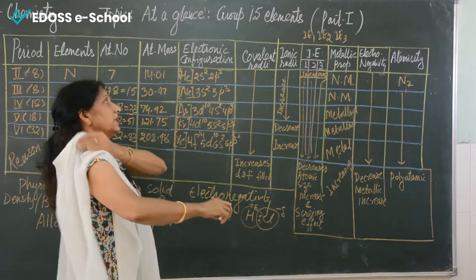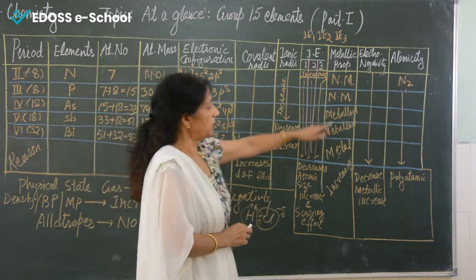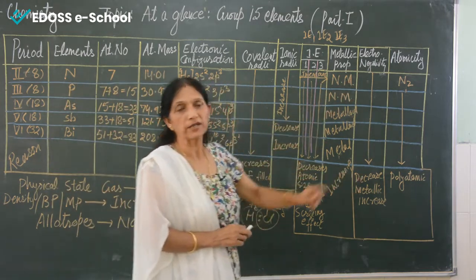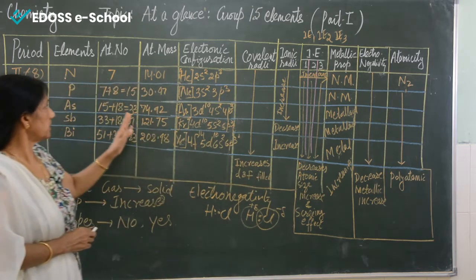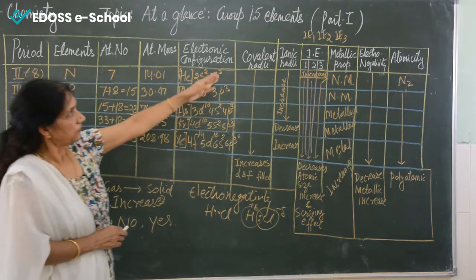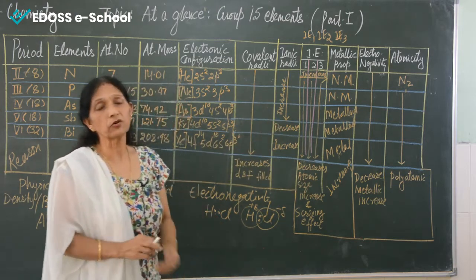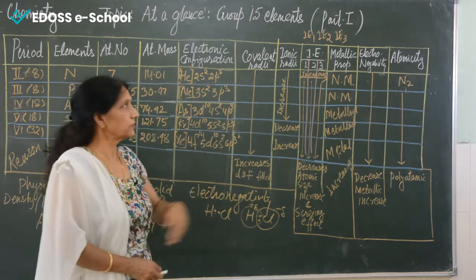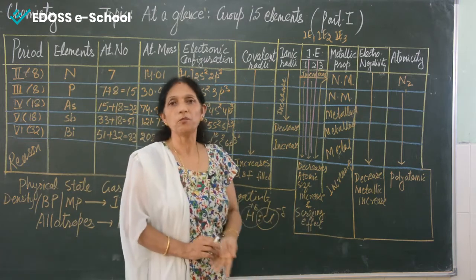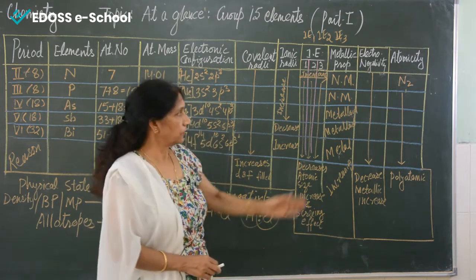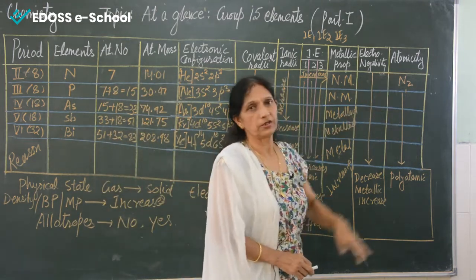So we can see here that electronegativity is decreasing down the group. Why is it decreasing? Because metallic character is increasing, so electronegativity will decrease because metals are able to form cations.